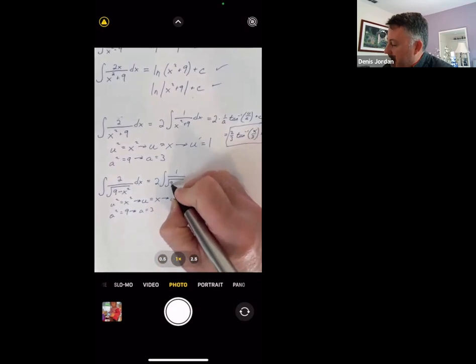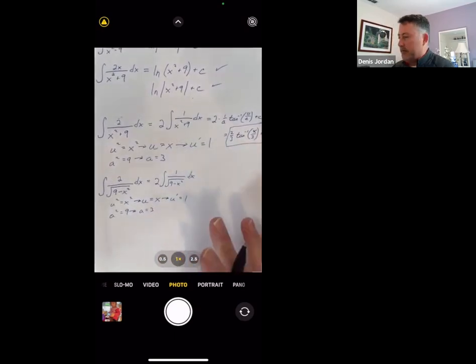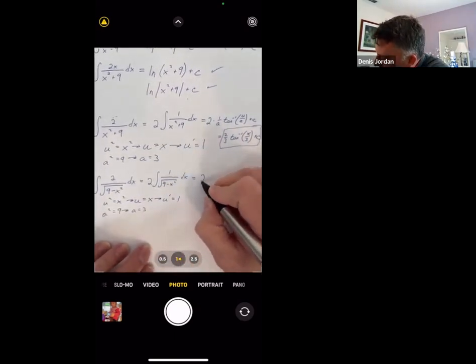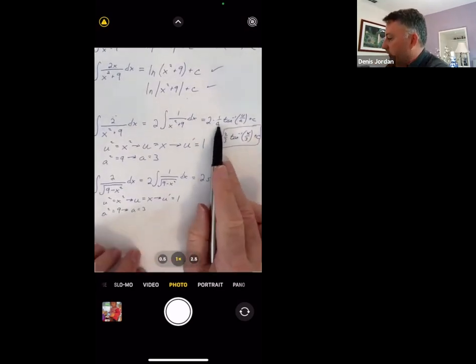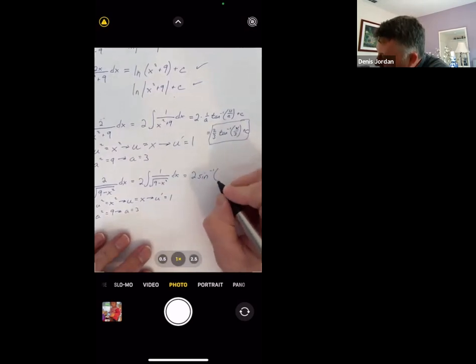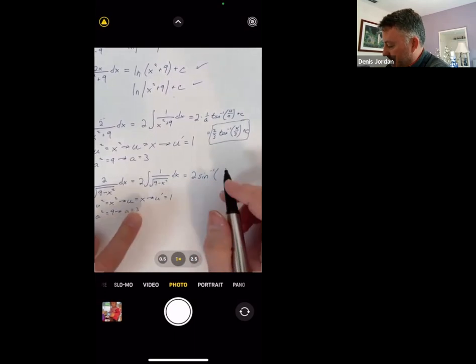You don't have to do that if you don't want to. Like some of you are just good at it enough already where you can just boom, get your answer. So there's no 1 over a in front for the inverse sine. But it still is the u over a. So x over 3.